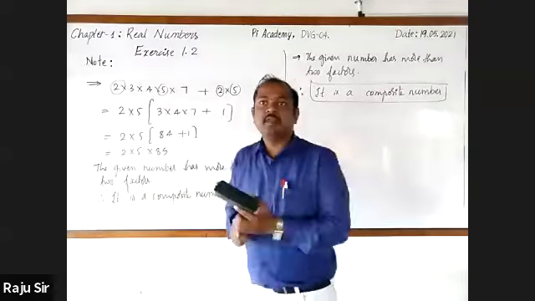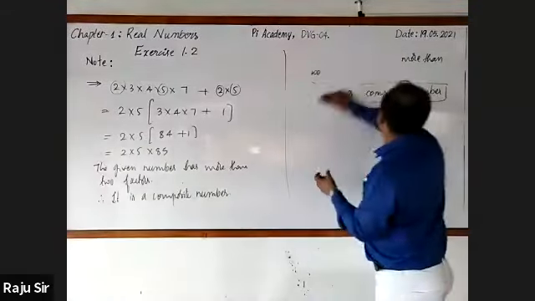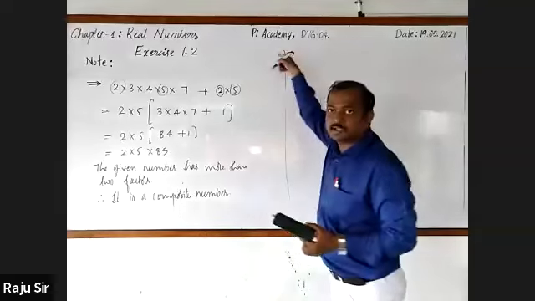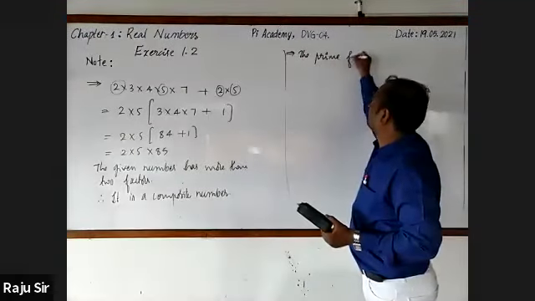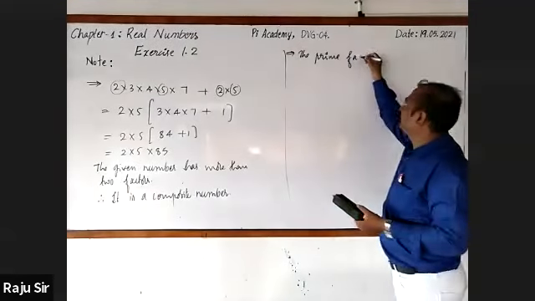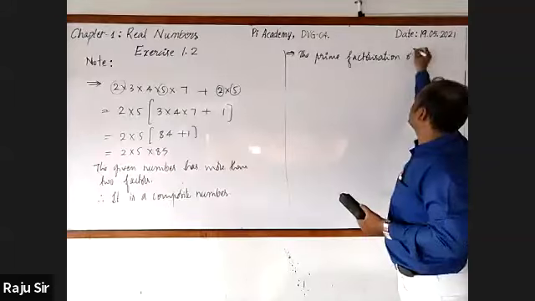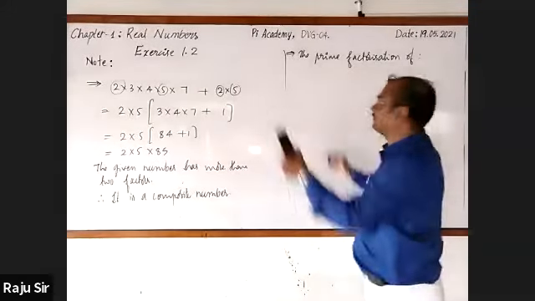No, sir. Because 85 is a composite number. Very good, very good. We have got only the factorization. Now, let us find out the prime factorization of the given number.